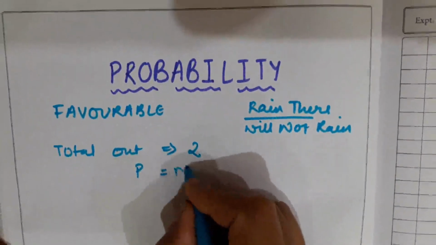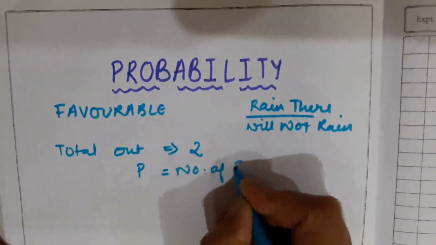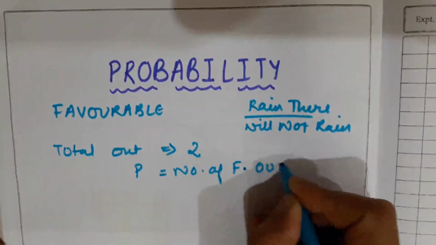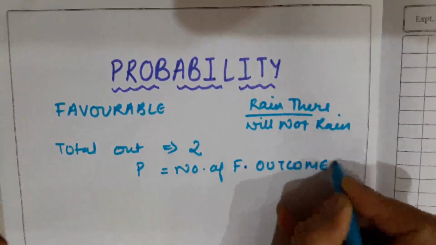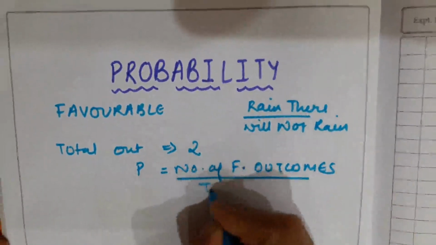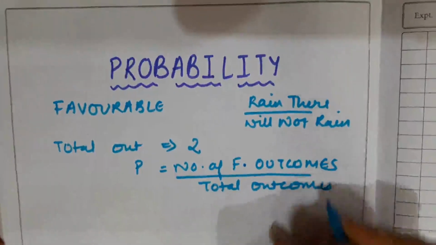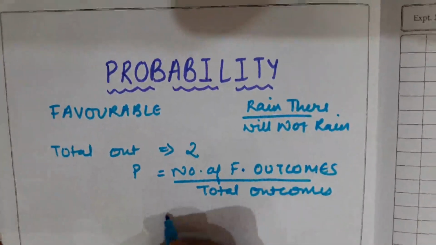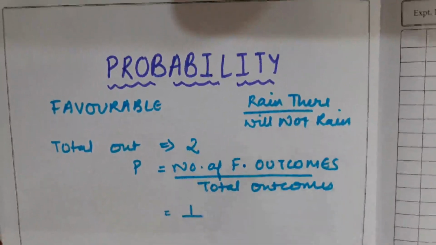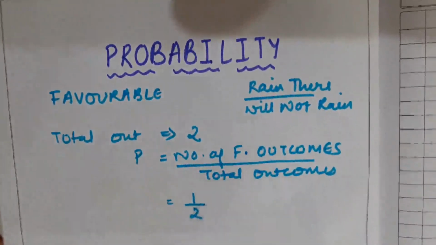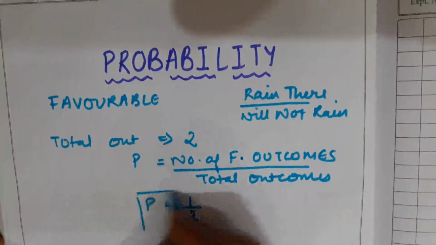The formula is number of favorable outcomes upon total outcomes. Okay, so now if I'm saying rain is there, the favorable condition will be 1 only and total outcomes are 2. So in this way you can represent the probability.